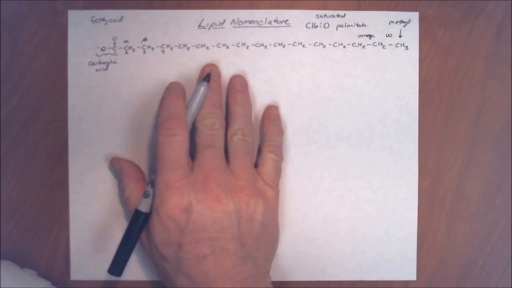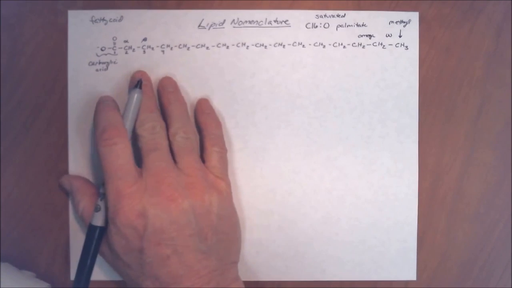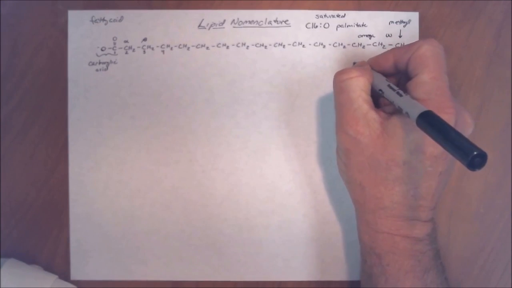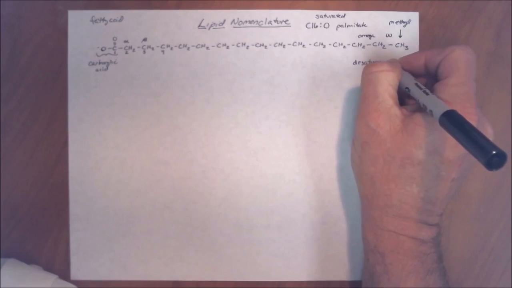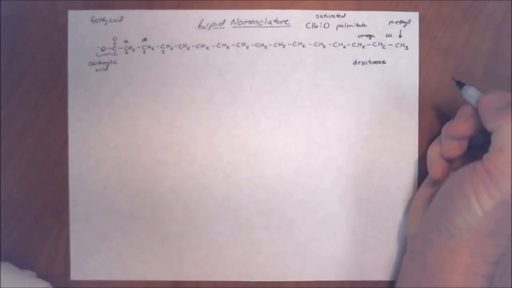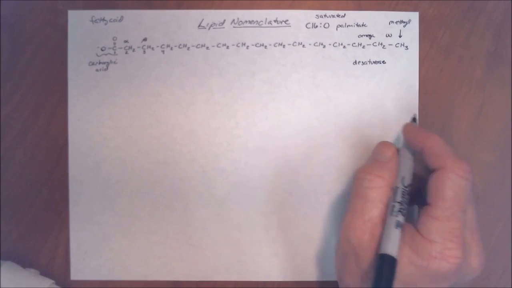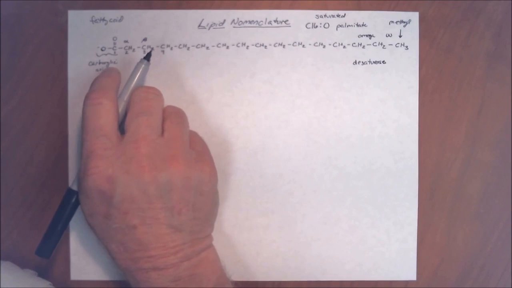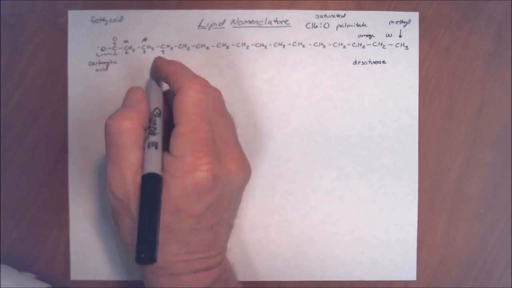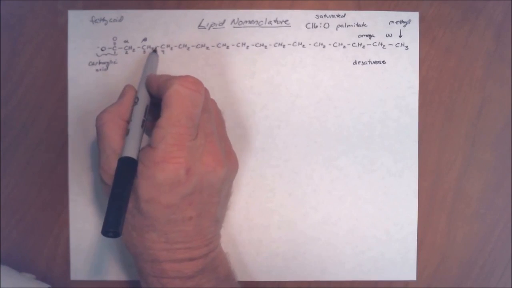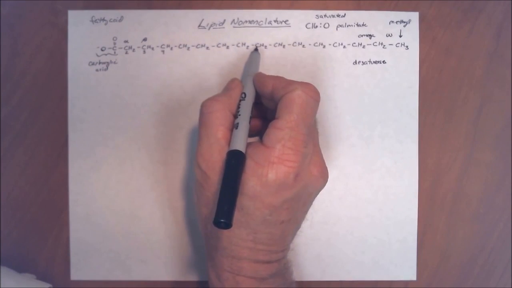Now, if we introduce a double bond somewhere in this fatty acid, we can do that by using a desaturase enzyme. A desaturase enzyme is designed to introduce double bonds. So let's say, for example, we want to introduce a double bond at carbon number 9. 1, 2, 3, 4, 5, 6, 7, 8, 9.